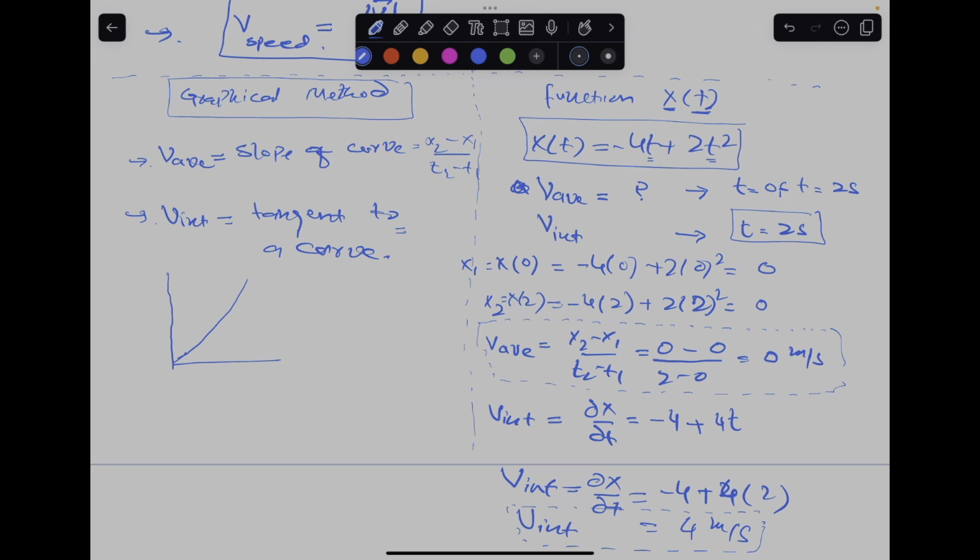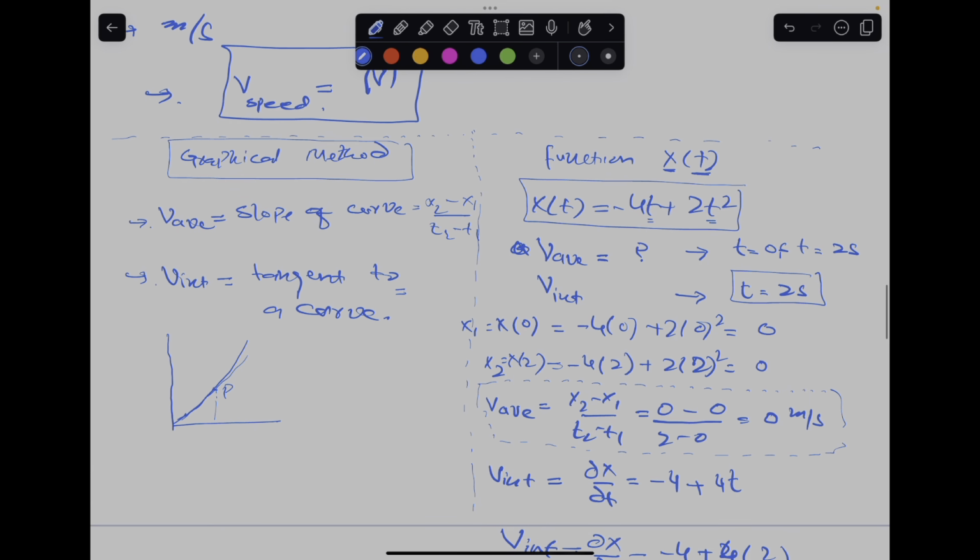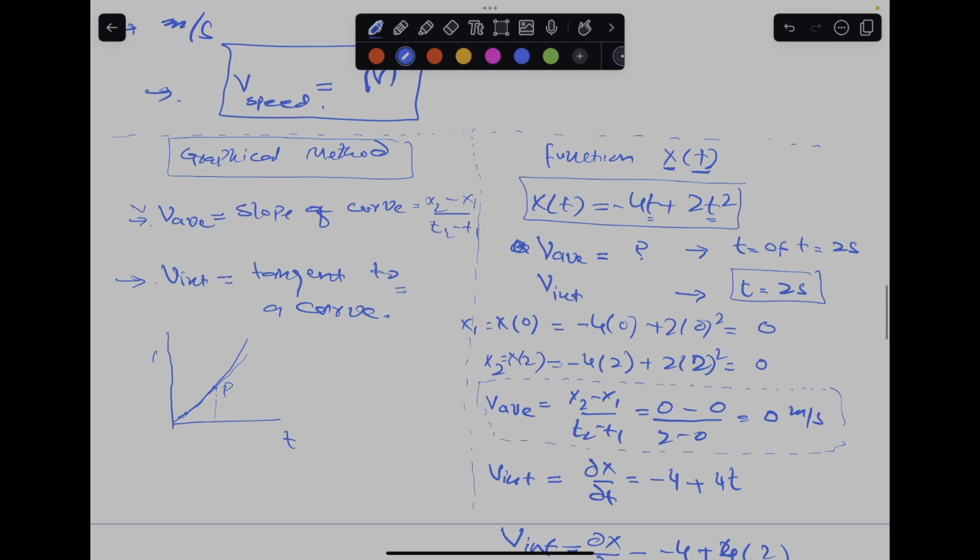This is a curve, and you want to find the velocity at this point, so you take a tangent at point P. This is how you can find the average velocity and instantaneous velocity using the graphical method and using the function method.